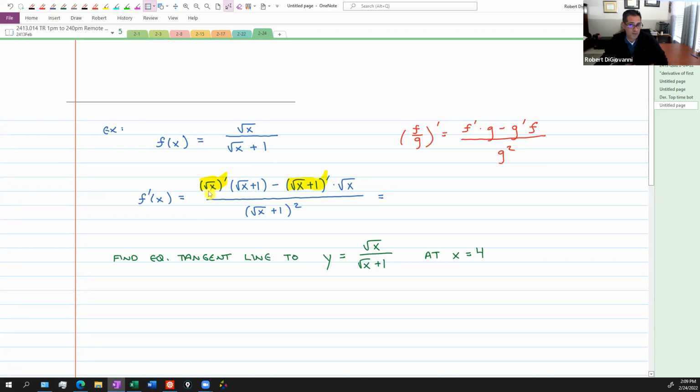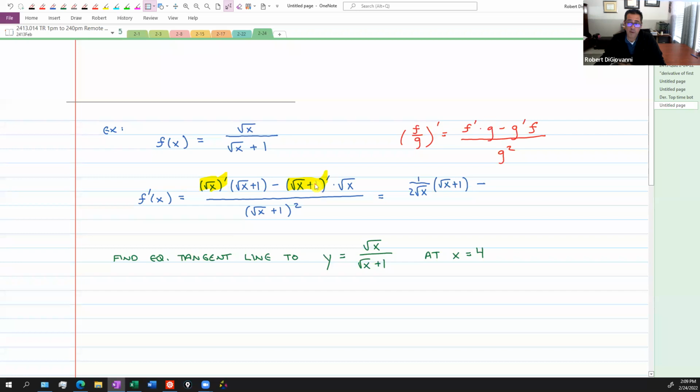Now, I've been through this with you several times. The derivative of root x is 1 over 2 root x. I still need to multiply that times the bottom one, which is square root of x plus 1. Then minus, now when I take the derivative of the square root of x plus 1, I can do them individually.